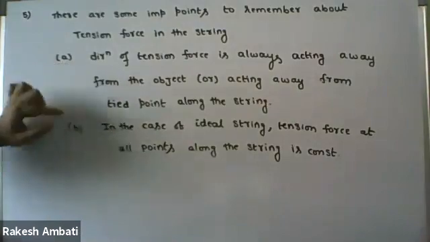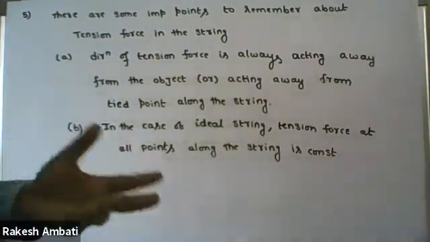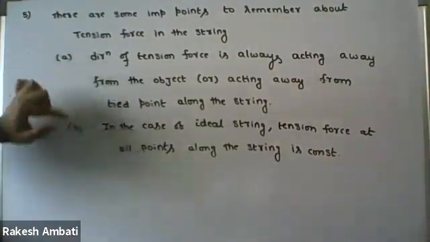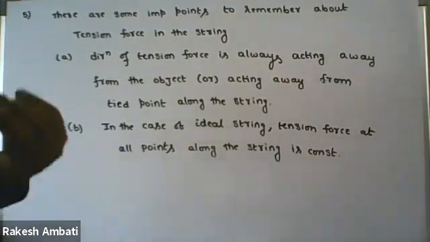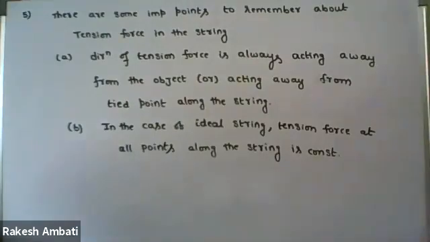So these two are the important points. In the numericals, we have to follow both points. Accordingly, we have to draw the free body diagram and indicate the direction of tension force, everything.